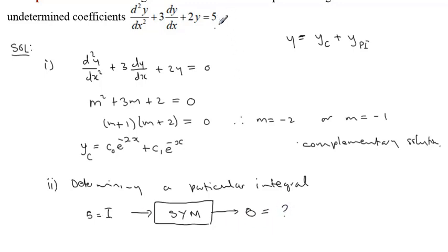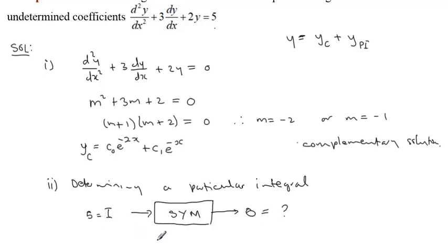But because this input is a constant function, we should expect that the output is also going to be a constant, a constant which results from the action of the system on the constant 5.